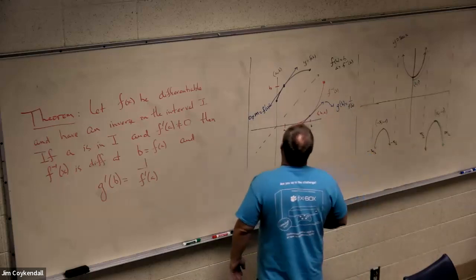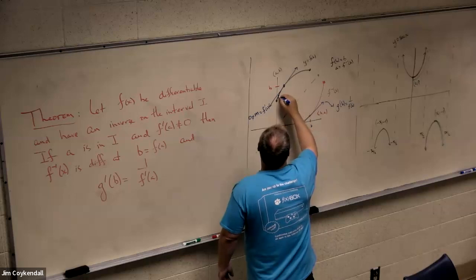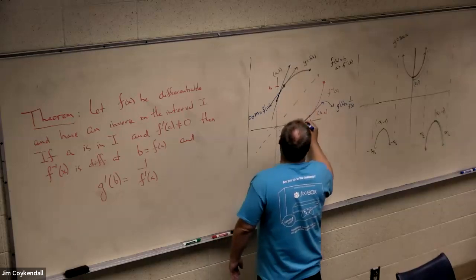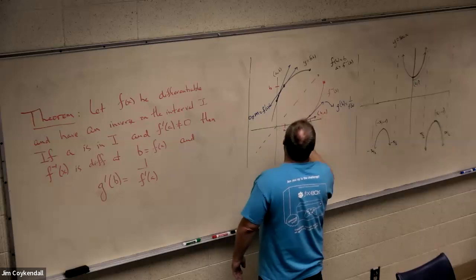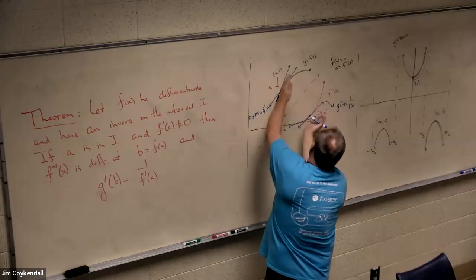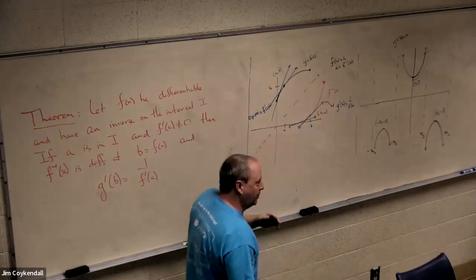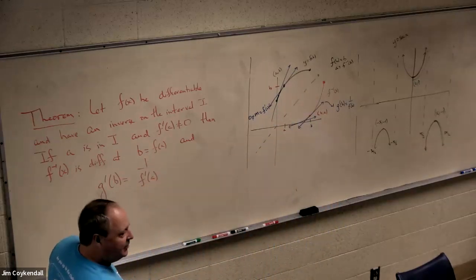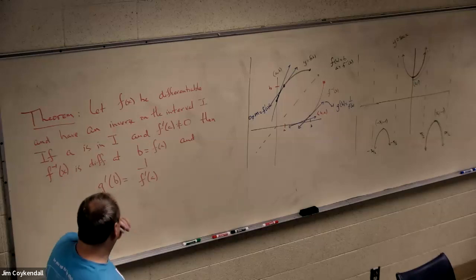For a more dramatic example, if I took this steep slope here, and the corresponding slope here, which is flatter, these slopes should be reciprocals. This is essentially what this theorem says.